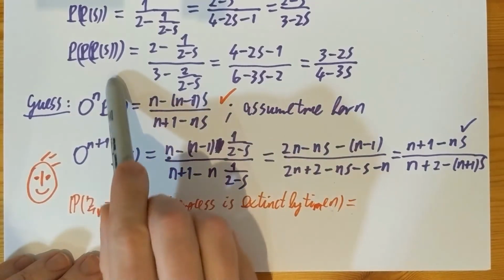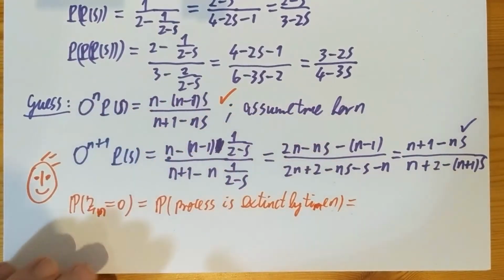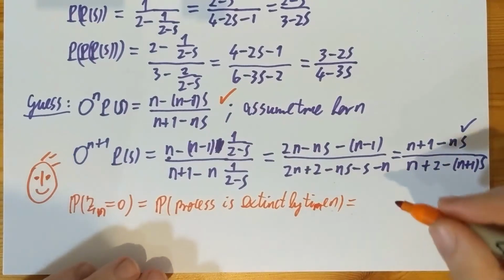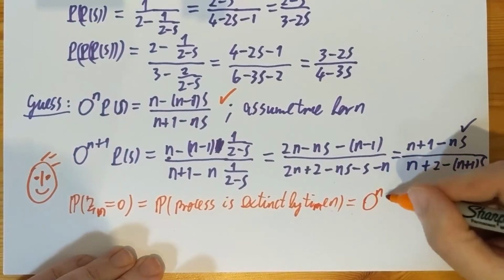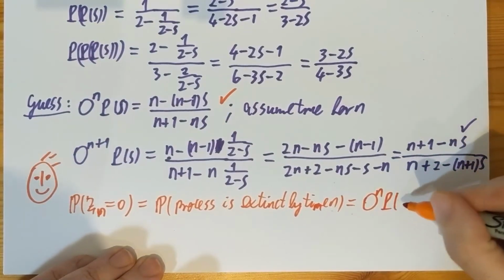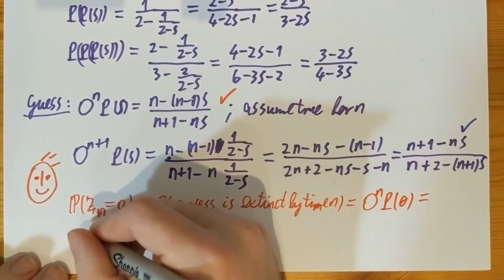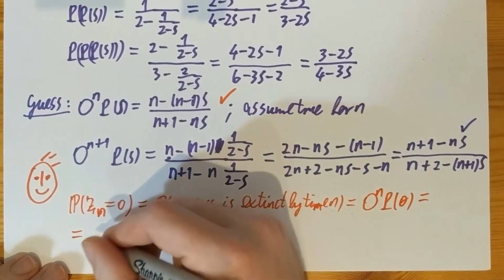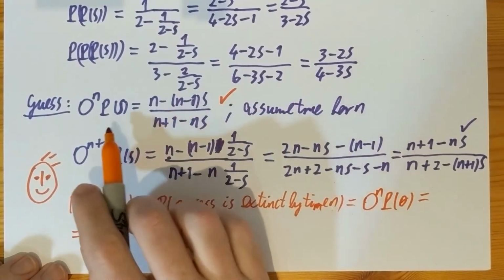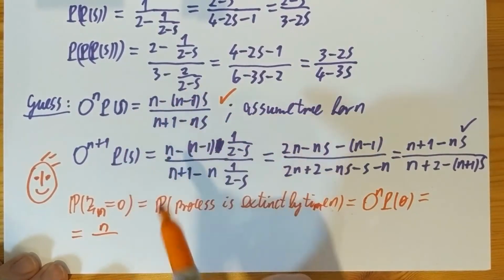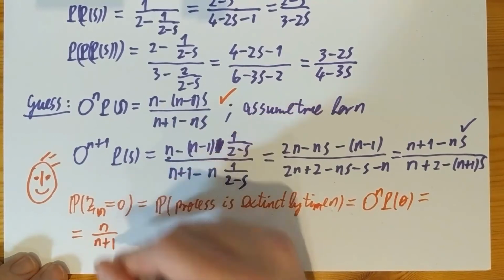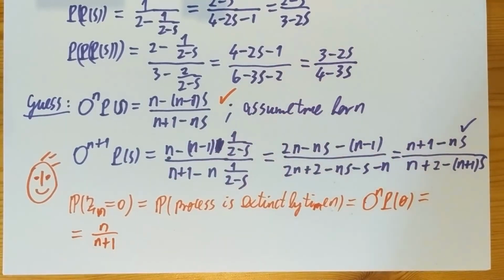Zn has generating function the n-fold composition of P. All I need to do is plug in 0 for the generating function of Zn, and that's very easy to do. It's just n over n plus 1. So this is the extinction probability. It's n over n plus 1.